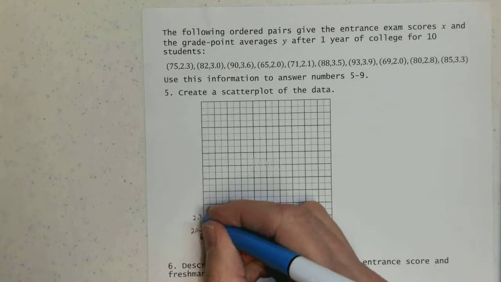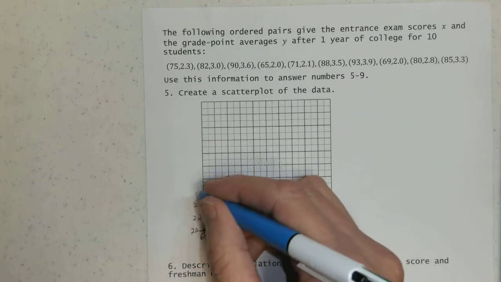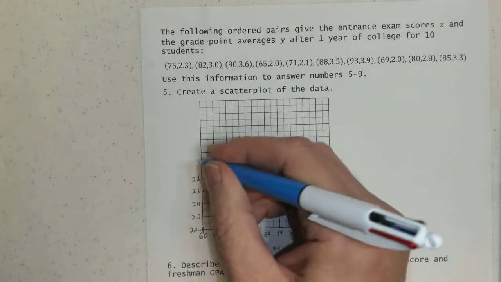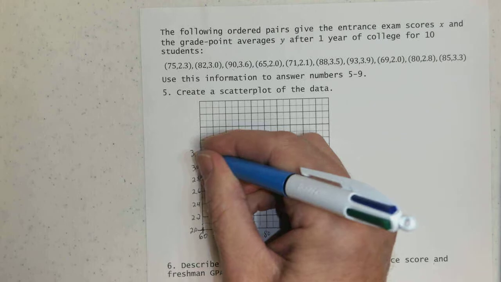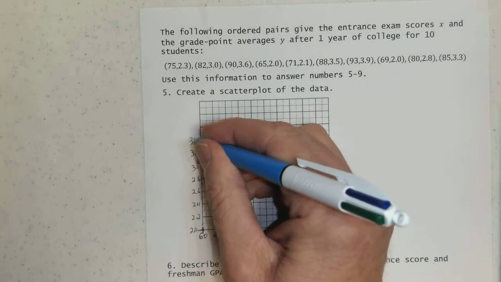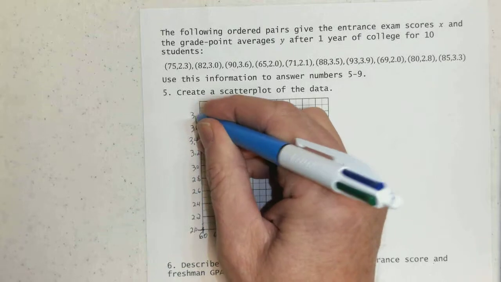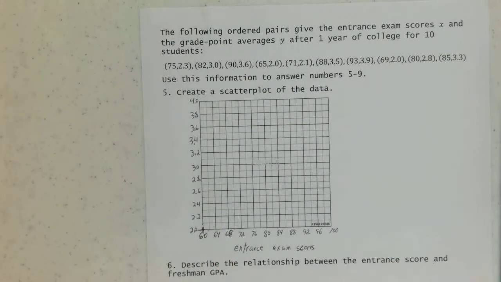I think this will work. 2.2, 2.4. Each one's a tenth. 2.6, 2.8. So you make a decision on scaling that fits the graph pretty well, the grid that you're given. I like to fill it up as much as I can.